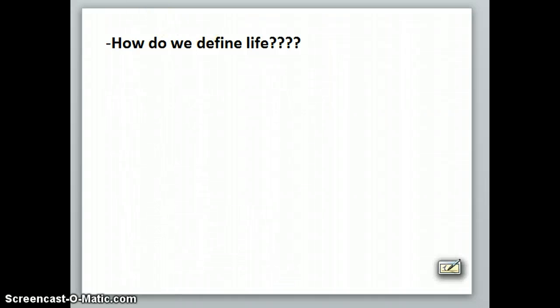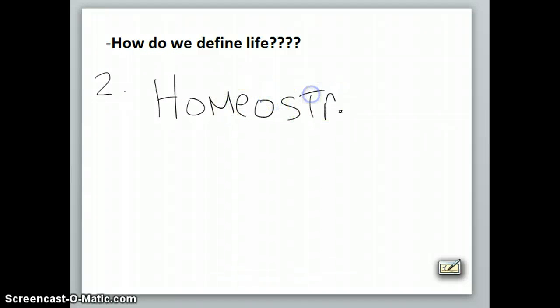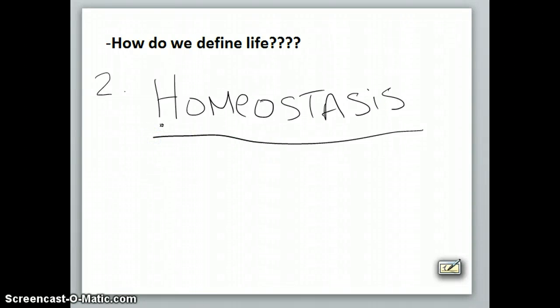Okay, another characteristic of life, this would be number 2, is all living things have to maintain homeostasis. And what homeostasis means is maintaining a relatively steady state that the cell can function at.